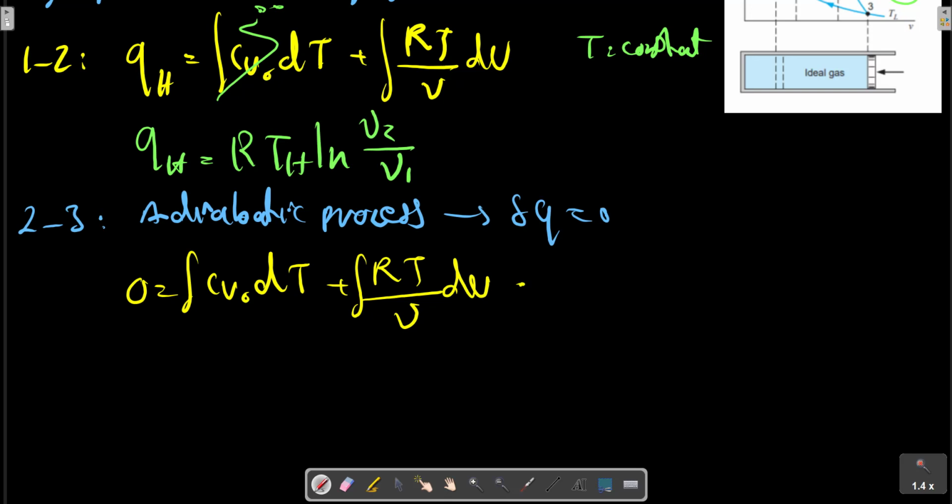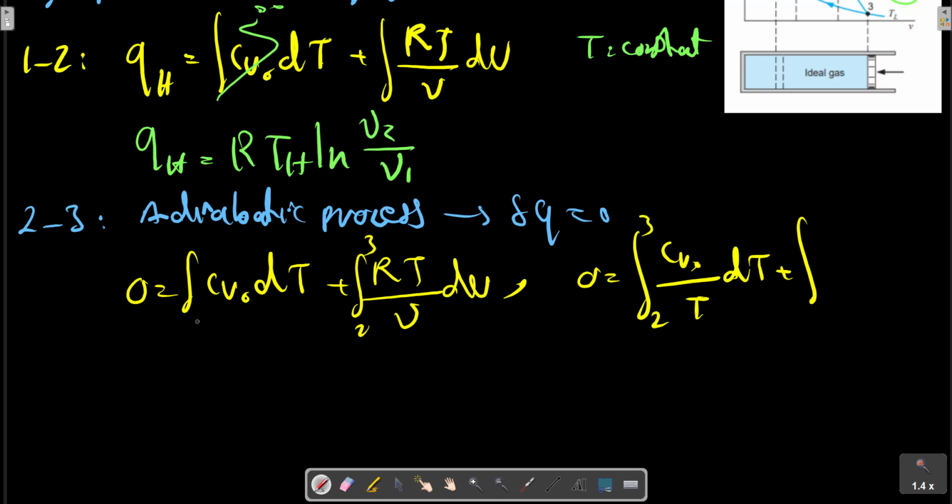And if we divide by T before integration, we can also obtain these relations: C_V0 dT/T plus the integral of R/V dV.